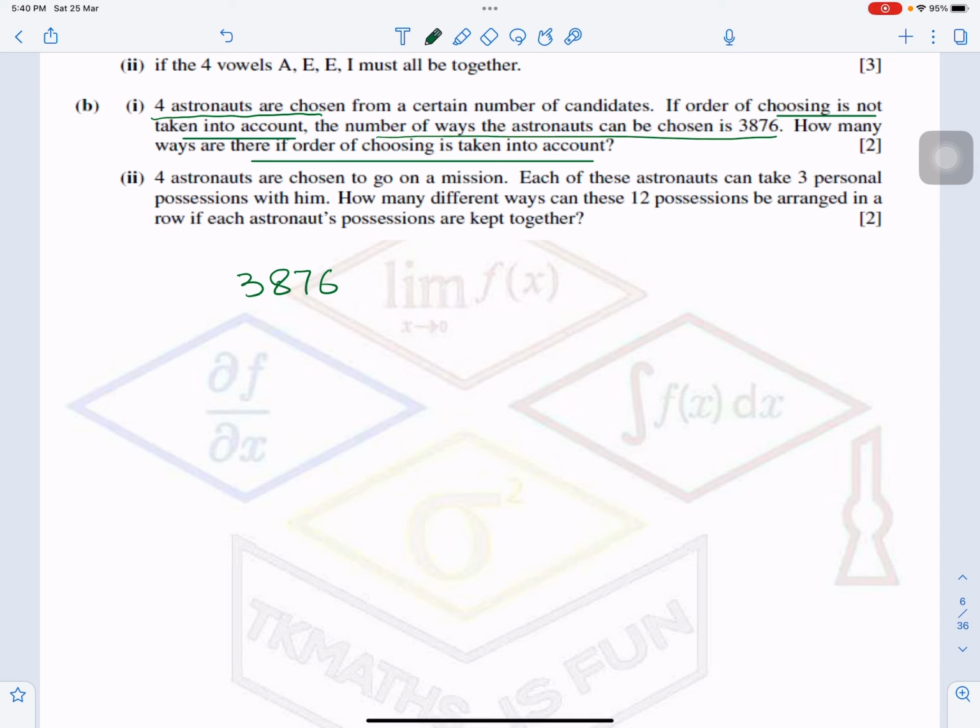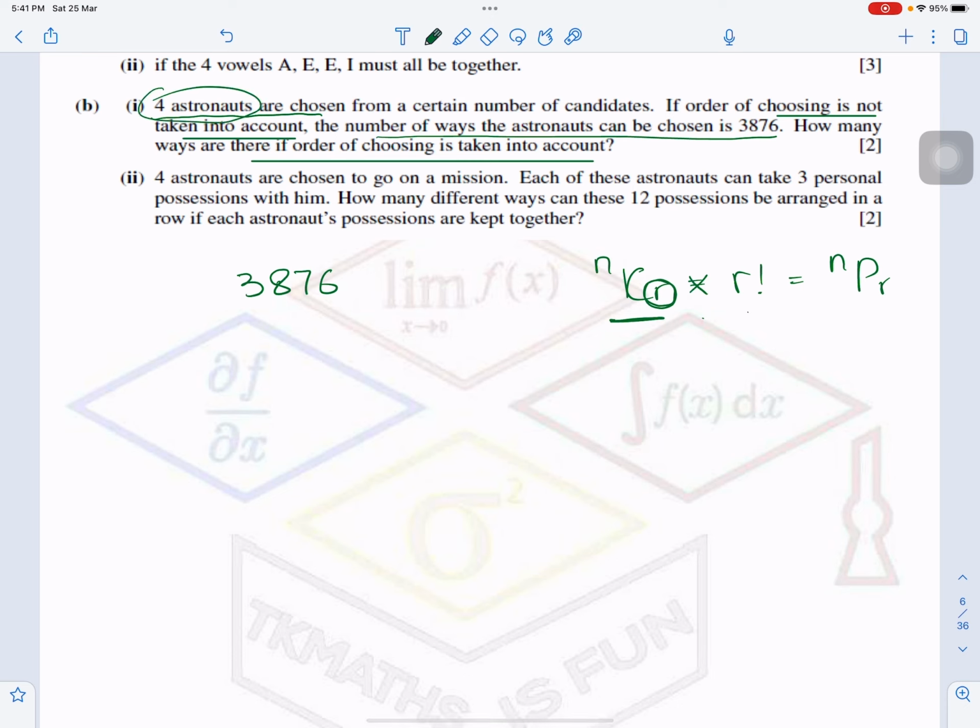If you remember, I told you in the beginning of the video that nCr multiplied by r factorial equals nPr. When order is not important, you multiply by the number of elements you have taken into consideration, because we are selecting 4 astronauts here.